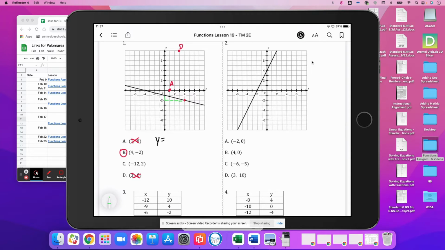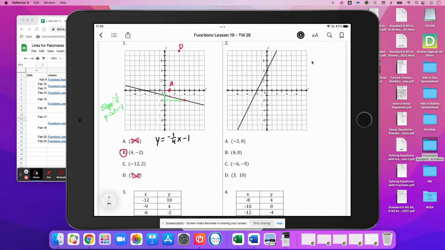So our slope is -1/4. And we can see that our y-intercept is -1. So if we go ahead and write the equation for this, we would have y equals -1/4 x minus 1.